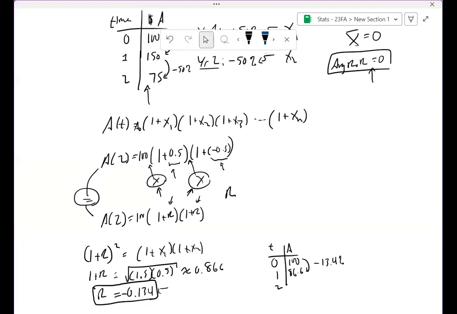And then if I lose 13.4% again, I end up with 0.866 times 1 minus 0.134. And that gives me 0.74995, or right on 75.